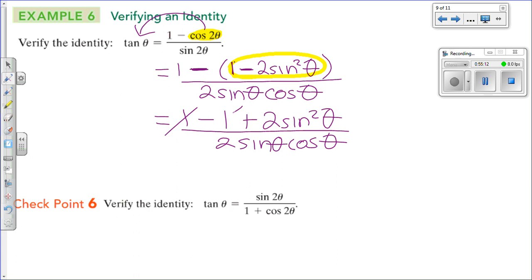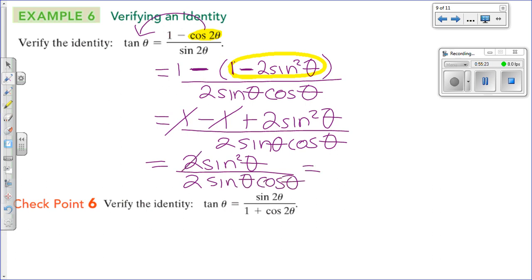Right here, 1 minus 1 is 0, and so we're left with 2 sine squared theta over 2 sine theta cosine theta. 2 divided by 2 is equal to 1, and sine of theta can be canceled with one of the sine thetas of the numerator, so we're left with only sine theta on the top and cosine theta on the bottom, and so we know that that one is equivalent to what we have here, tangent of theta.